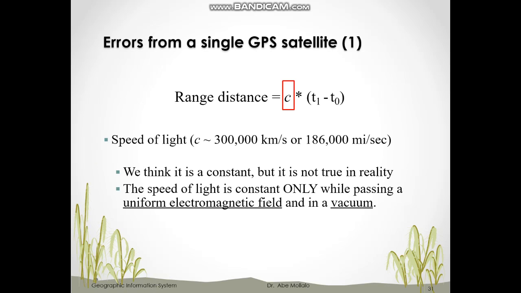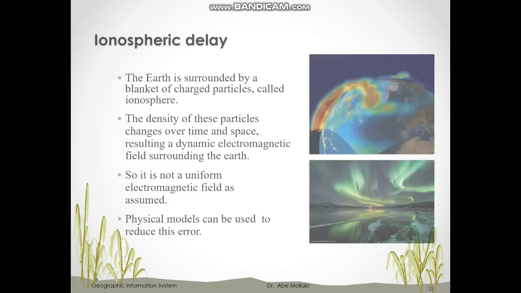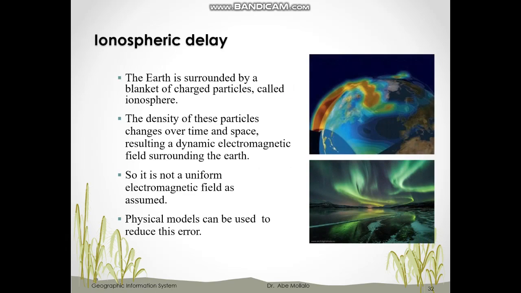The physics says the speed of light is only constant while passing through a uniform electromagnetic field and in vacuum. But in reality, the Earth is surrounded by a blanket of charged particles, which is called the ionosphere.